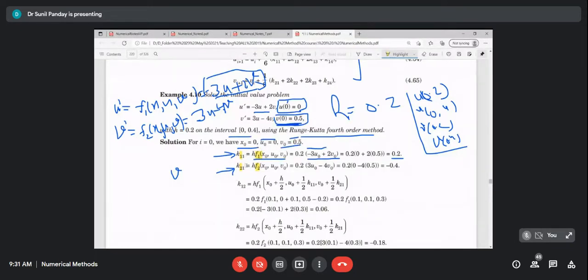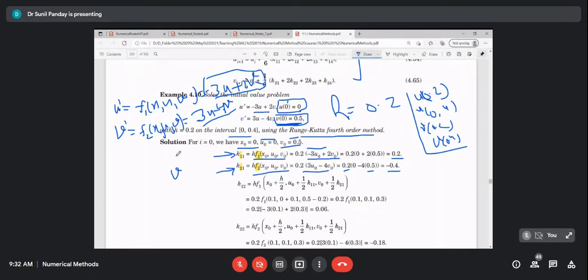So we are calculating k1 for u and v. If we compare this with the single initial value problem, for u it is k11, for v it is k21. What is the definition of f2 of x naught, u naught, v naught? It is 3u minus 4v naught, and then you substitute the values, u naught is 0, v naught is 0.5, so this is the value, and finally minus 0.4.